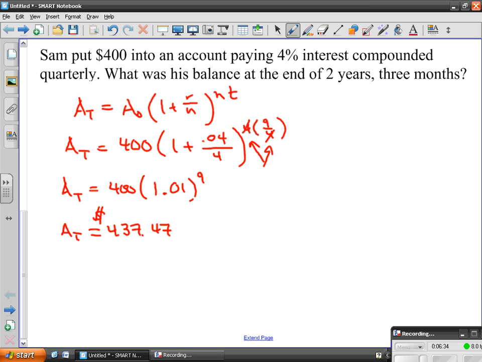Is that what they asked me to find? Yes, that was his balance at the end of 2 years and 3 months. So again, if it had asked you to find interest, you'd say $37.47, but this time it didn't. It asked for total balance. Anyway, I hope these 2 problems are instructive and help you to finish that chapter test tonight, Sam. Talk to you tomorrow.